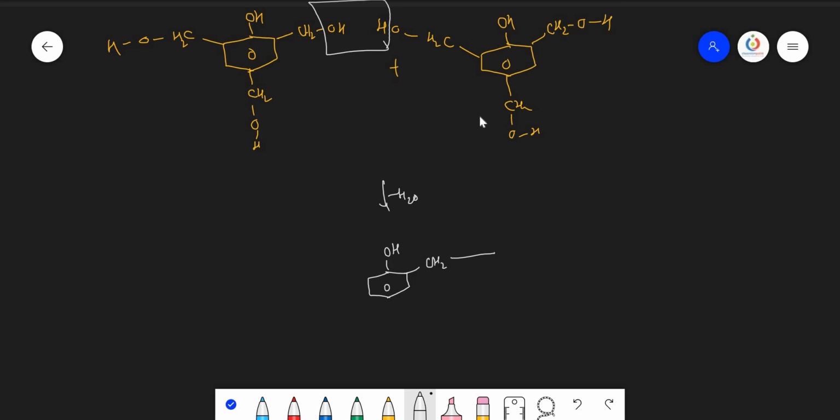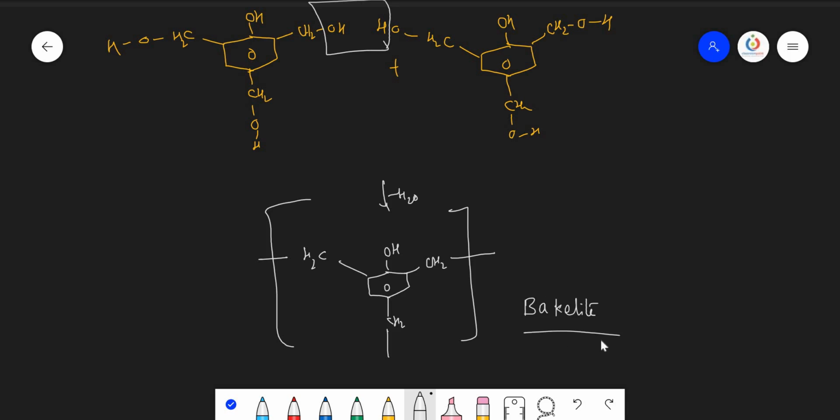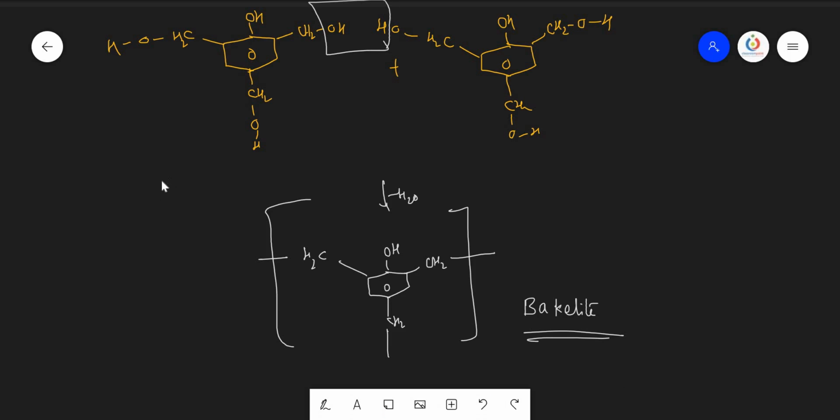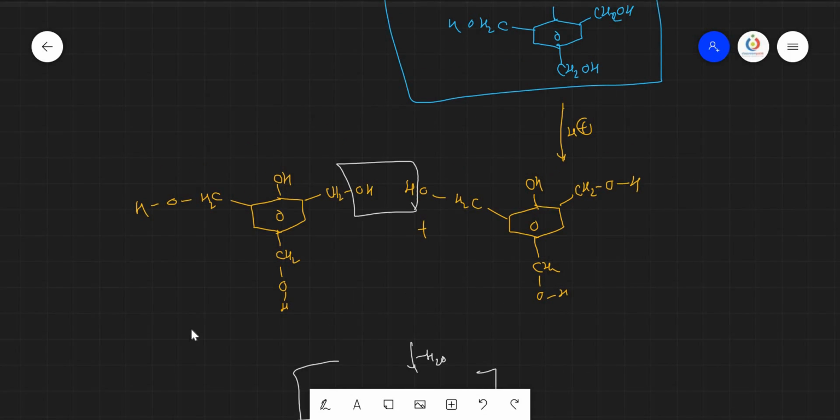And the bottom side also, if the same molecule reacts in reverse way, here also you will get this CH2 connection. And this side also, if one more molecule reacts, you will get this CH2 connection. This becomes the repeating unit in this particular reaction. And this is the polymer. This polymer name you know already, it is bakelite. So it is a preparation of bakelite. Bakelite can be prepared by using this type of reaction.